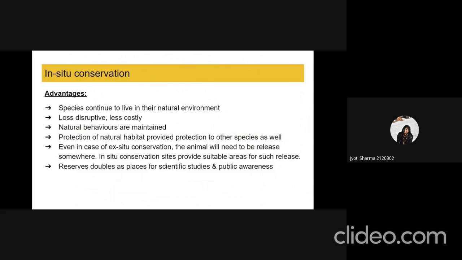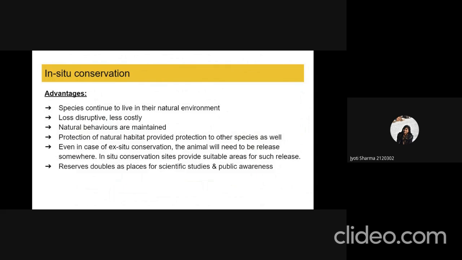Then, in ex situ conservation we are shifting some species to another artificial condition, and if the population of that species grows, then we can shift it into its natural habitat. So we can shift them into the in situ conservation region as well.